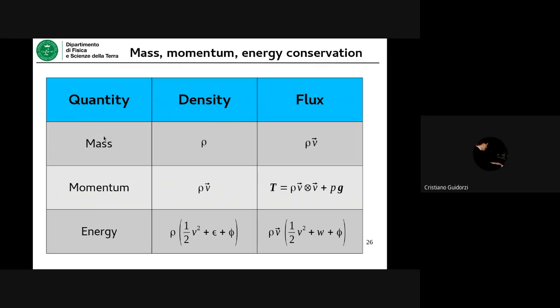So let's start with the simplest one, mass. The density is rho, the corresponding flux is its density times the velocity of the fluid. And so immediately, the time derivative of the density plus the divergence of the flux is 0. Conservation of mass. Momentum. Look, this is a vector. So the density is rho v, which happens to be the same as the mass flux, but has a completely different meaning seen in this way.